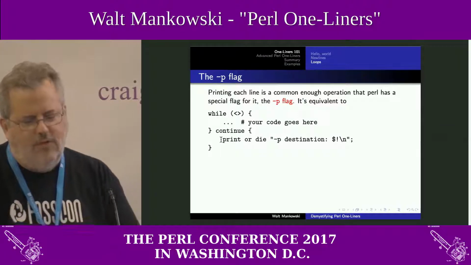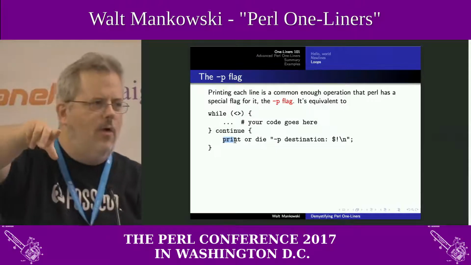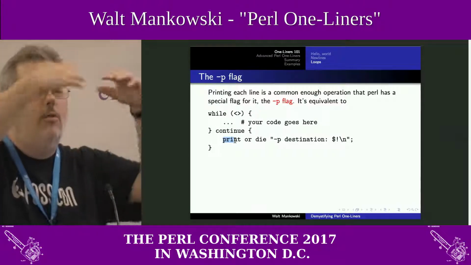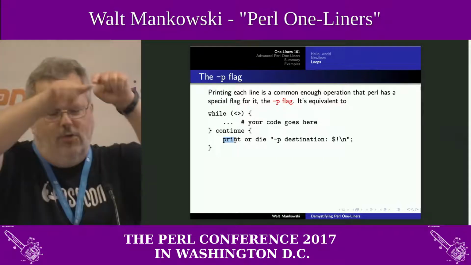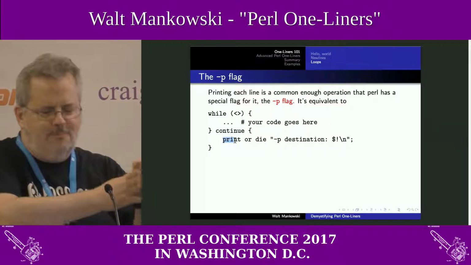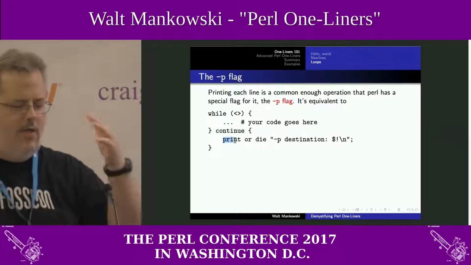It says print, this is from the documentation, but really what it's printing is whatever $_ is after every line. So if you do any kind of modification to that line, and normally you're going to modify it, because it's in this implicit loop, everything is in $_, and then you can modify it, and then it prints out whatever $_ is at the end.